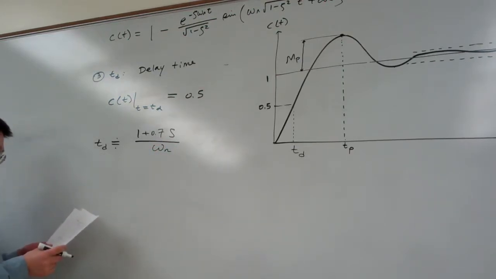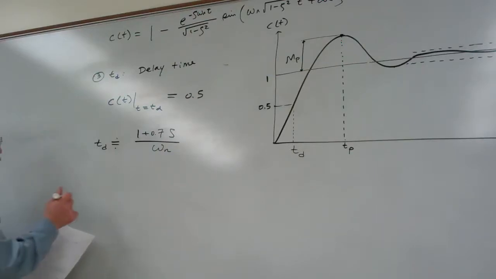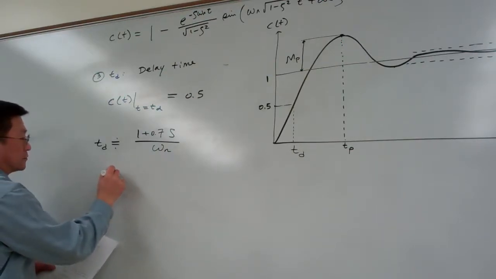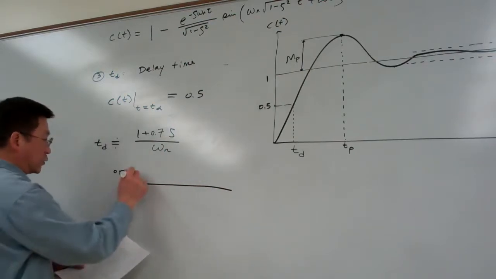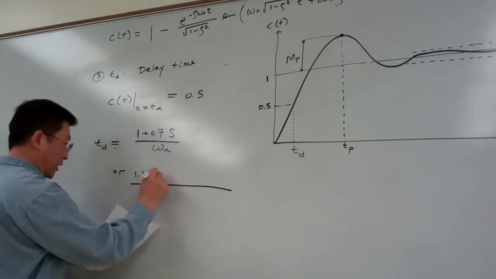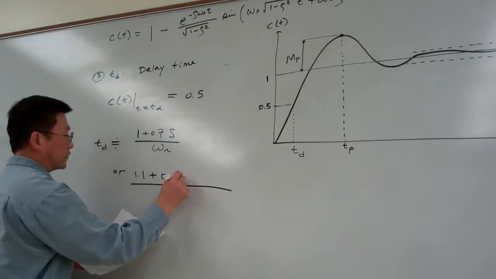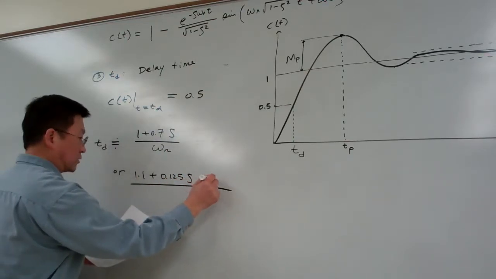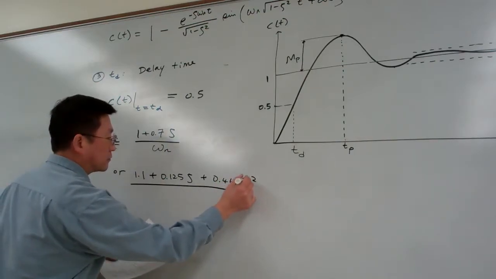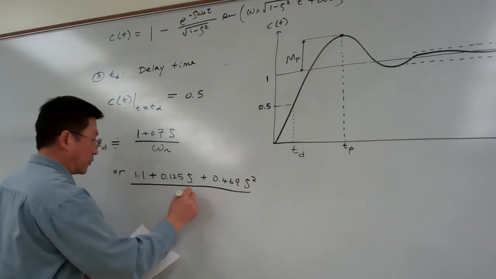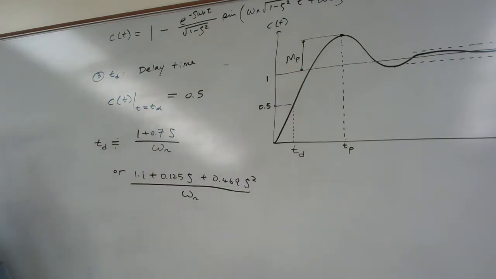Okay, or a better approximation, this one is from another textbook, 1.1 plus 0.125 zeta plus 0.469 zeta squared, divided by omega n. Both equations are good.